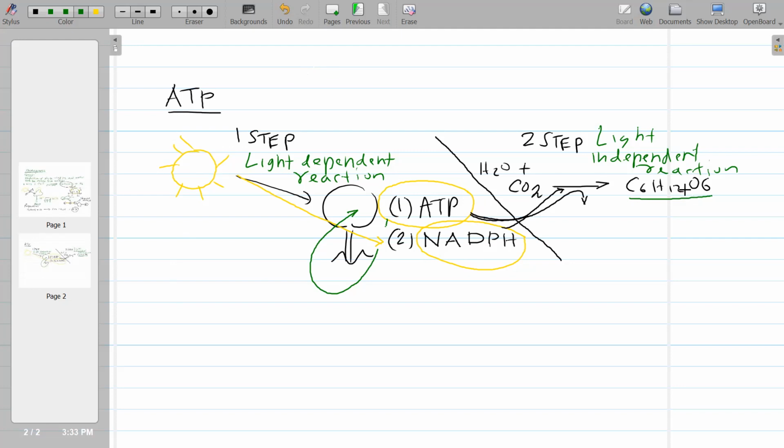If this energy transfers to the glucose molecule, glucose gets more energy.